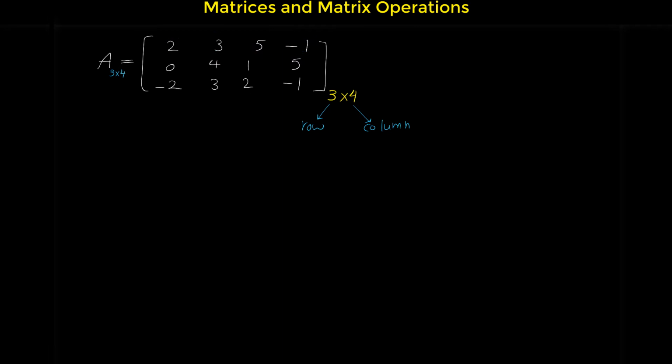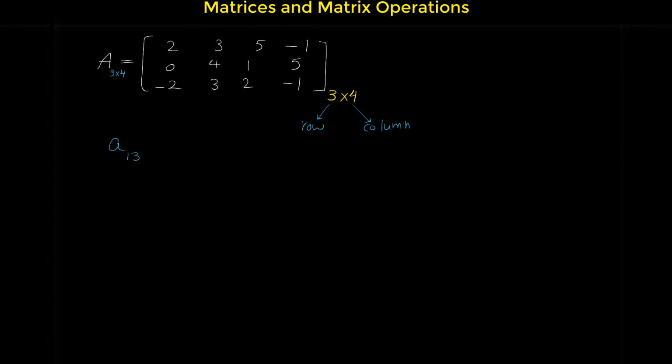Every element of a matrix has an address, and by having the address we can locate the position of that element. For example, consider this element here, 5. This element is located at the first row, third column. So if we want to talk about that element, we say A sub 1, 3.